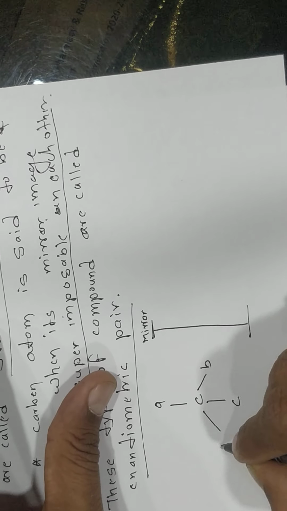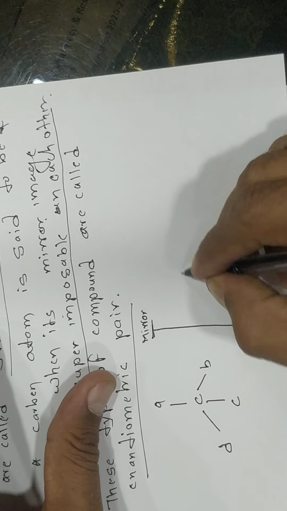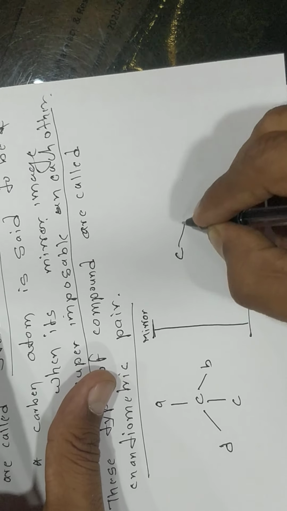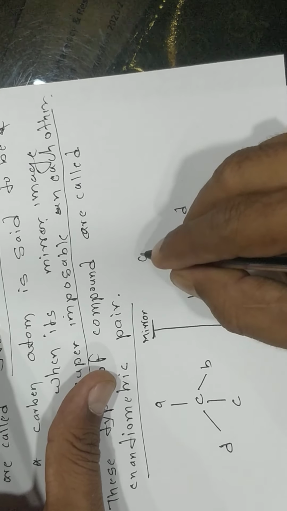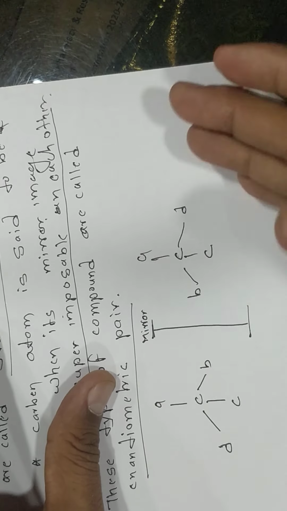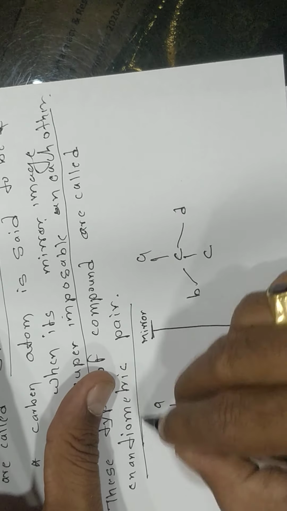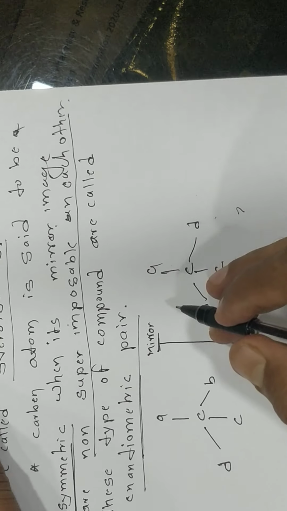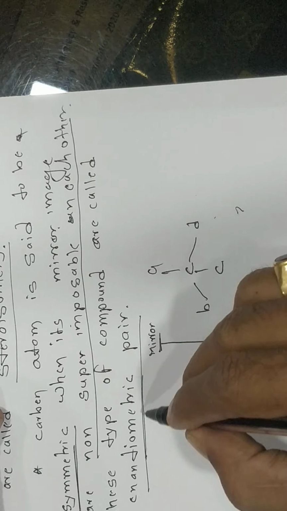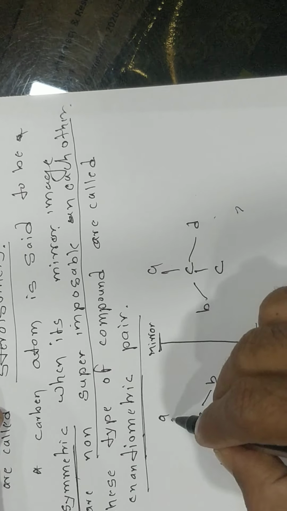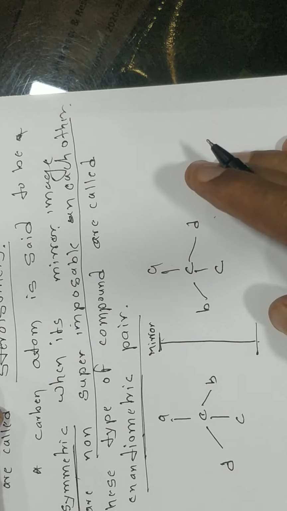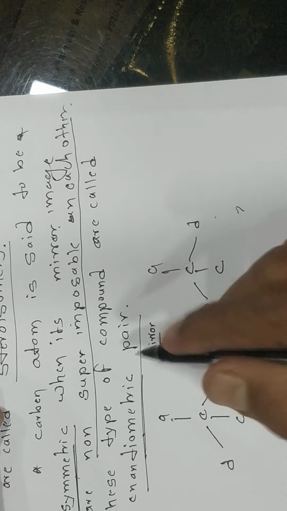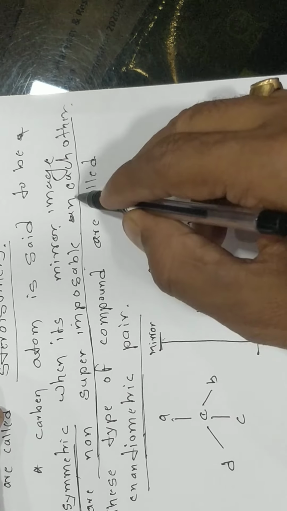Now this mirror image: what will its mirror image be here? That mirror image pair is called an enantiomeric pair. We need an asymmetric carbon atom with four different groups to show enantiomeric pairs. The image placed in front of the mirror gives the same image, and the two images are non-superimposable on each other.